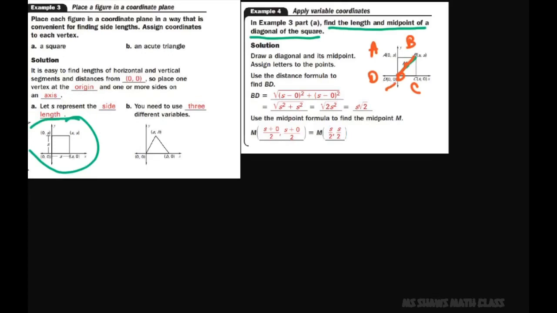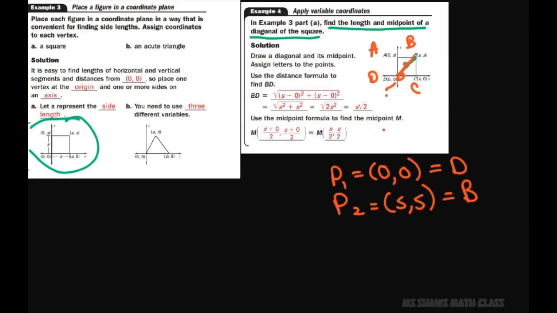So since we're starting at the origin, our 2 points are point 1 is 0, 0, which is our point D, and our point 2 is S, S, and we're calling that point B. And then you just use your distance formula, and let's go over this.